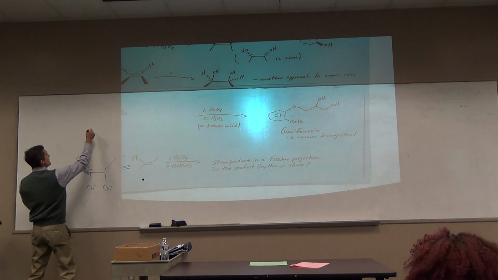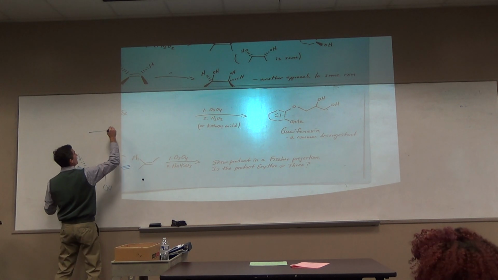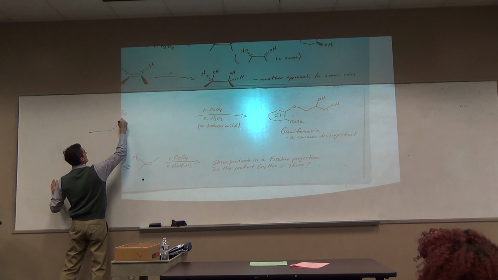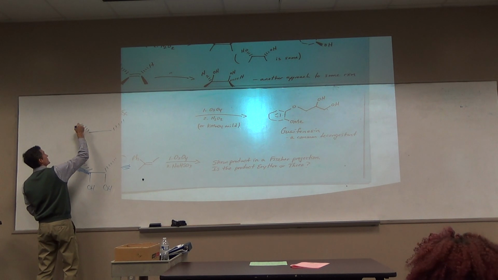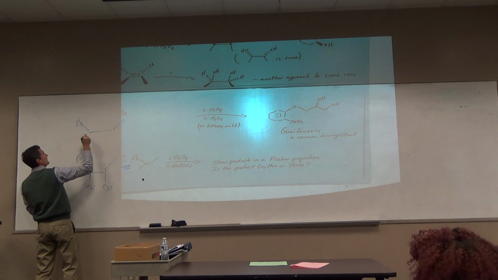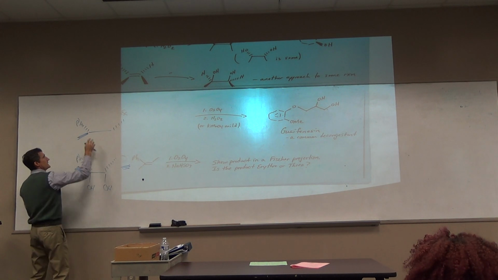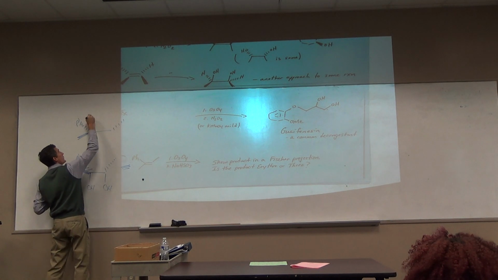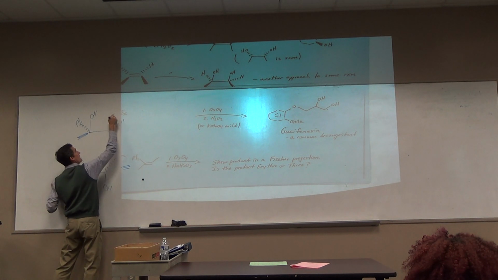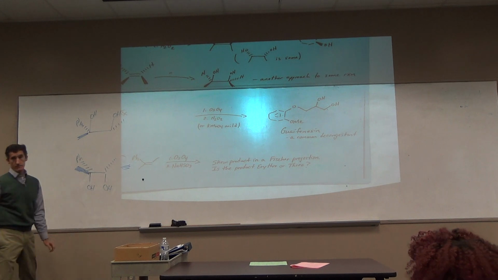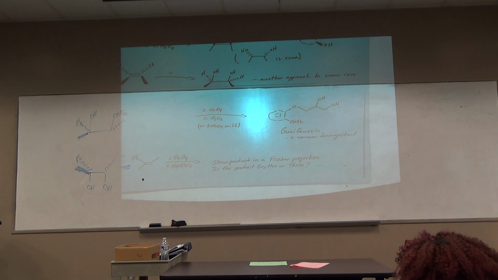But we also have the other one, where again the start is the same. Get rid of the pi bond and draw them both up. And those are your two products.